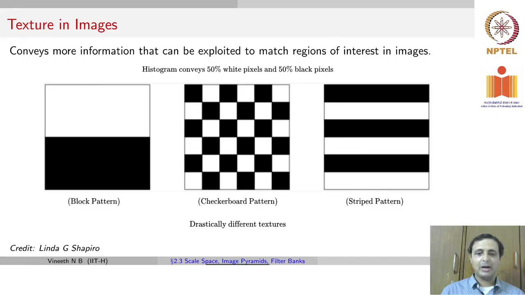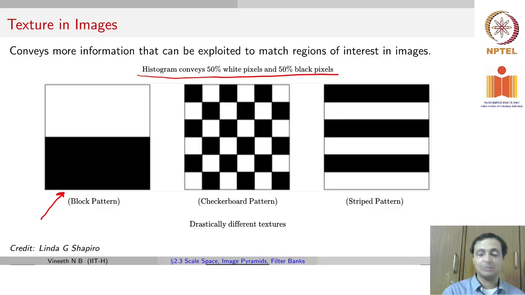It's also important to keep in mind that even if you had a single image, let's say you obtained a high level statistic such as the histogram of an image contains 50% white pixels and 50% black pixels. In this scenario, we could have images of multiple kinds. 3 samples are what you see on this slide.